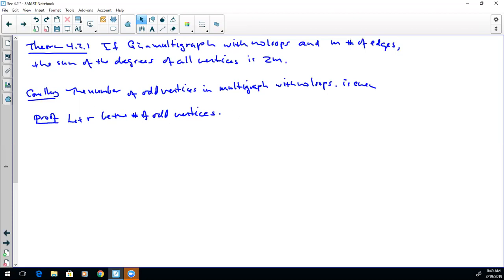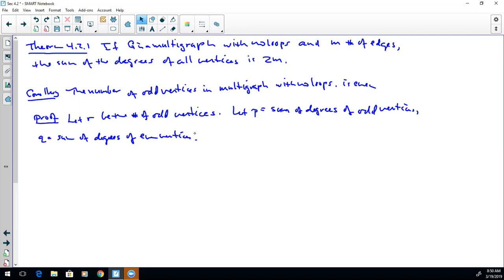Now, let's let P equal the sum of degrees of the odd vertices. So when we add up all the degrees of the odd vertices, that's going to be P, and let's let Q equal the sum of the degrees of the even vertices.